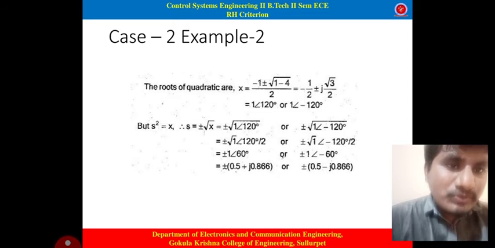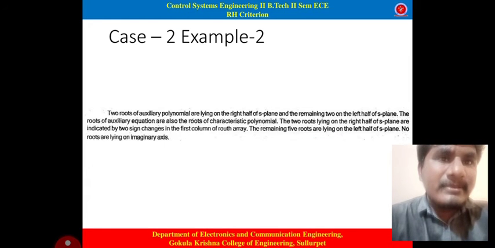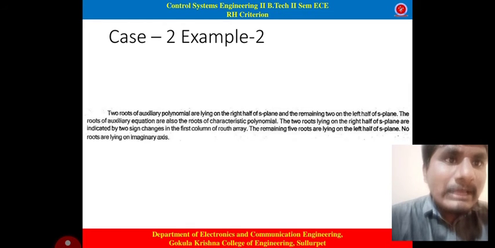So you observe those values, plus or minus 0.5, and you forget about the imaginary value, similarly plus or minus 0.5. So here what does it mean? You observe, two roots of the auxiliary polynomial are lying on the right half of the s plane and the remaining two on the left half of the s plane.